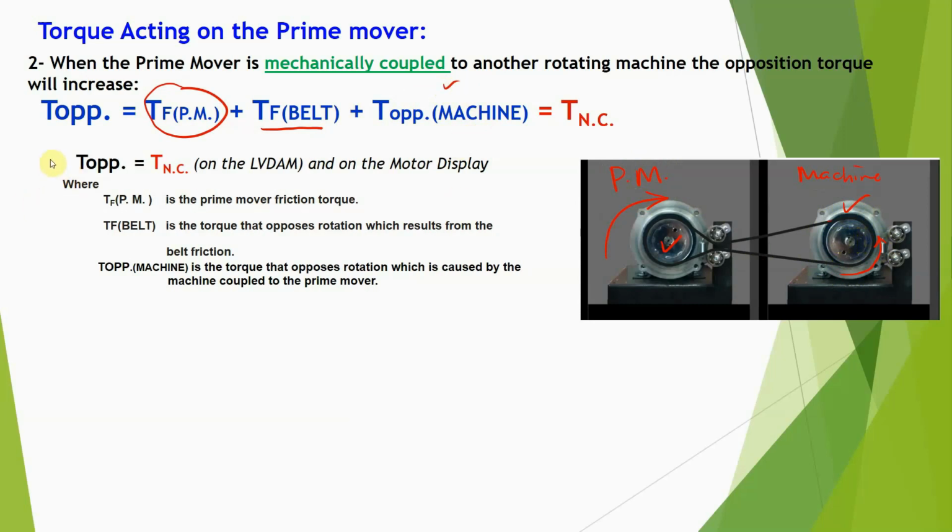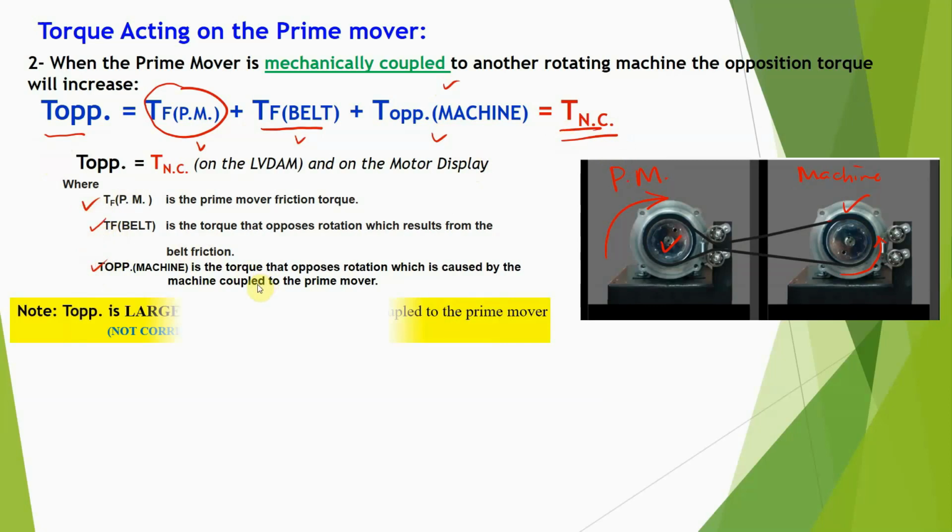And if we add all of them, the T opposition is equal to TF prime mover plus TF belt plus TF opposition of the machine. And this is what you call the not corrected torque. Now, the T opposition is larger, of course, when the rotating machine is coupled to the prime mover.